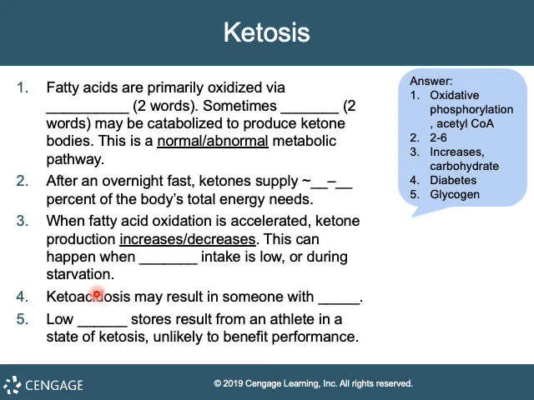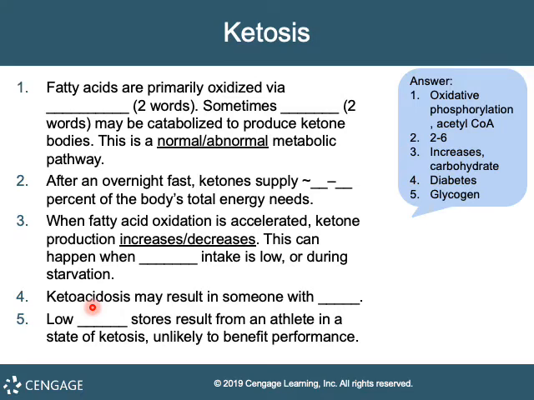And ketoacidosis is actually a very dangerous condition in diabetics that can lead to coma or death. So it's really important to differentiate between a diabetic that's in ketosis that can go into ketoacidosis and a non-diabetic who's in ketosis.